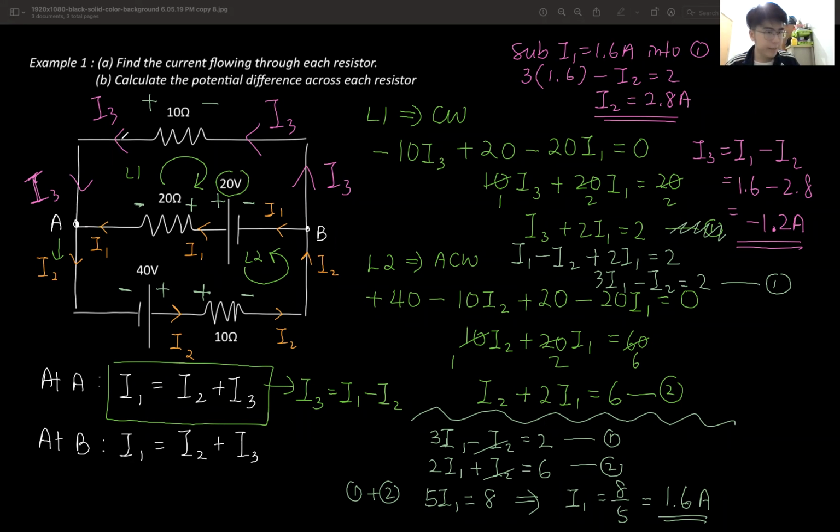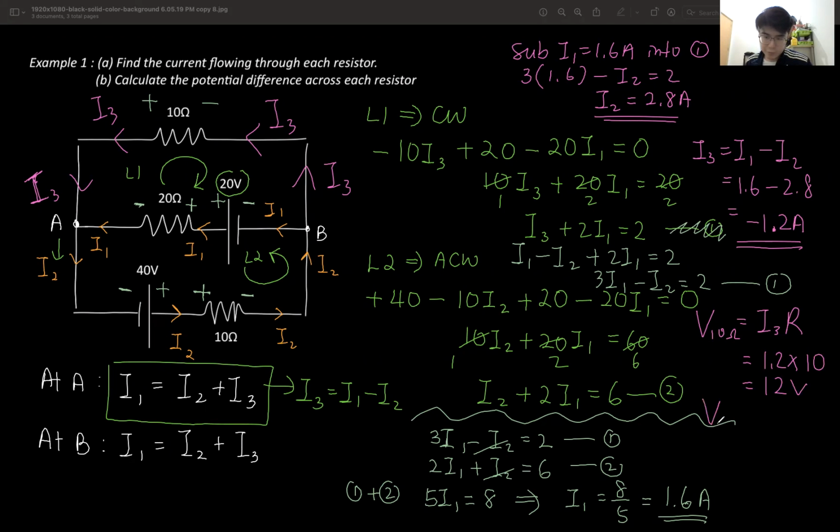Now, once you have the current, then for the potential difference, you just calculate that. So potential difference V across the 10 ohm equals I3 R, 1.2 times 10. That's 12 volt.